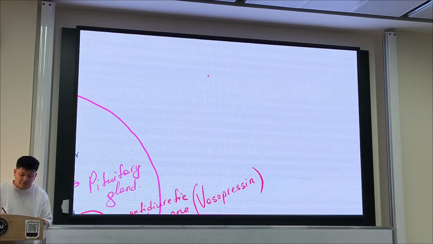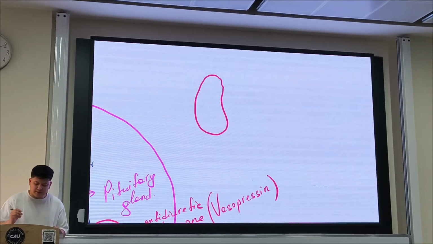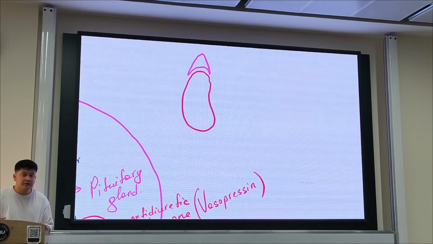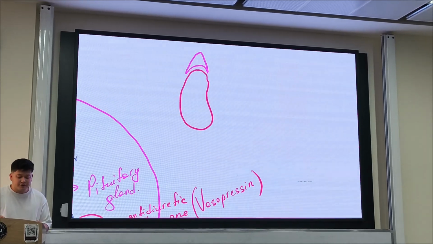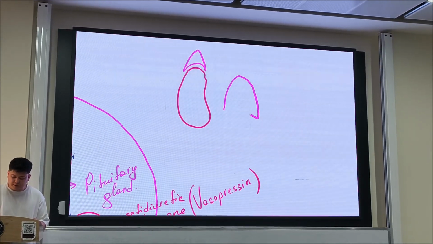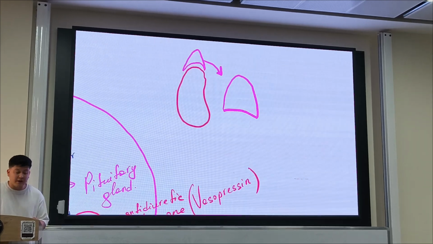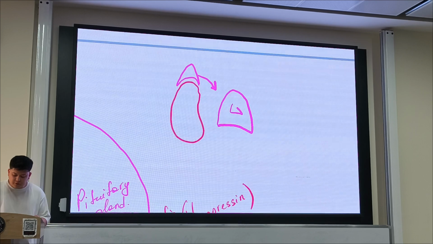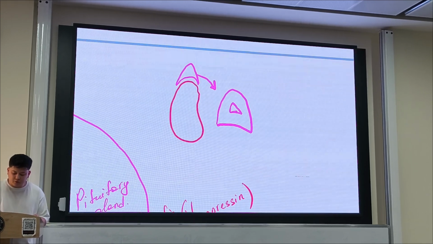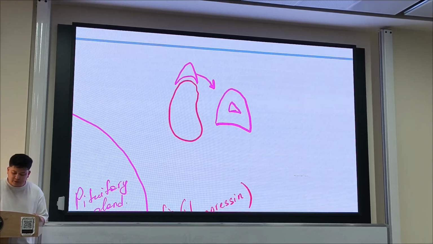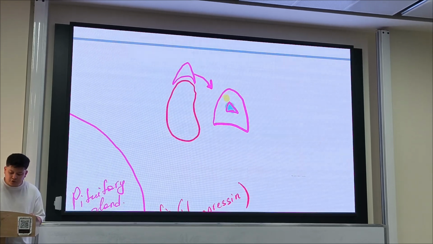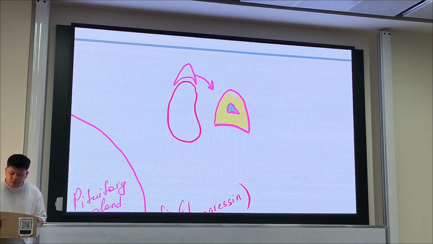So we have the kidney. This is the kidney. At the top of the kidneys we have the adrenal gland. Imagine this is the adrenal gland, I just increased the size, okay? So we have two portions of the adrenal gland. The first is the medulla, in the center. And the outer portion is called the cortex.